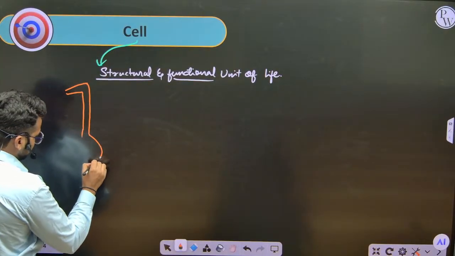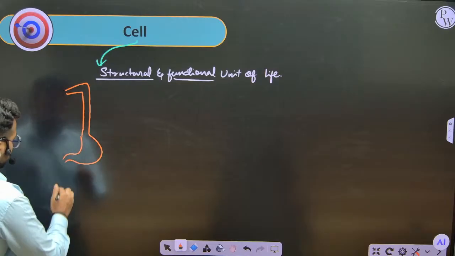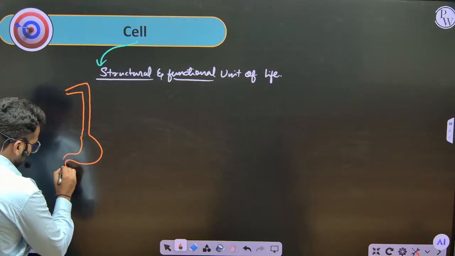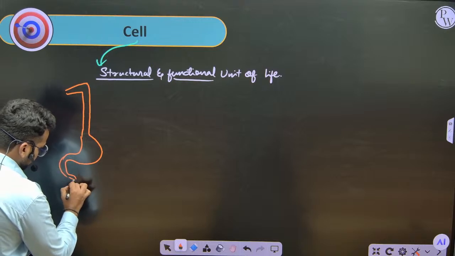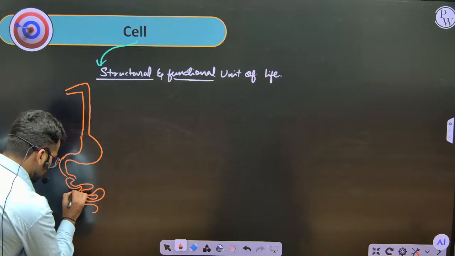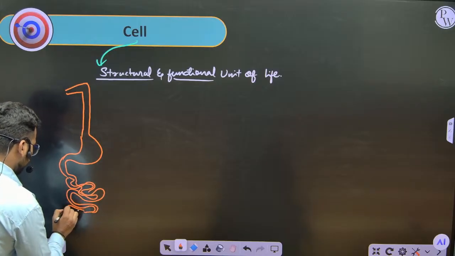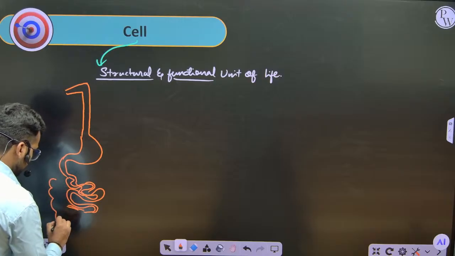Next it reaches the stomach. After the stomach, it passes to the small intestine, where many folds are there. The small intestine is long, and next it is connected to the large intestine.